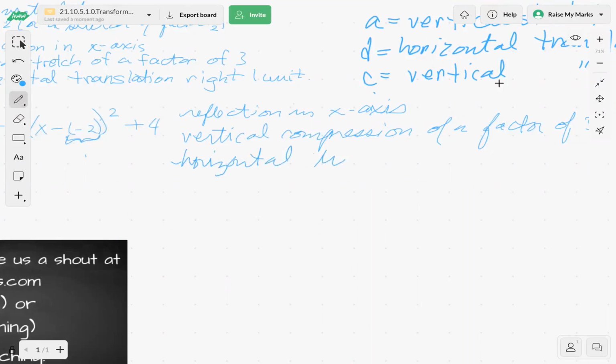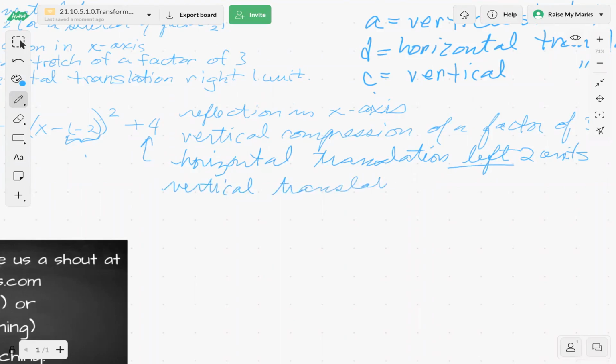And finally, the 4 is a vertical translation up 4 units.